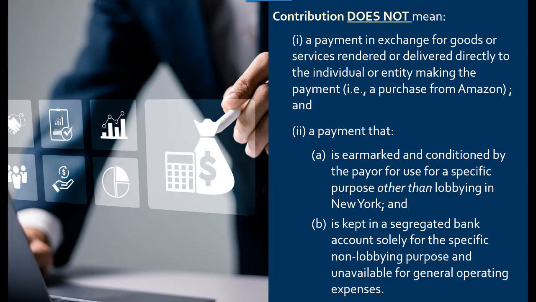Contribution also does not include payments that are specifically earmarked for non-lobbying activity. A payment that is earmarked and conditioned by the payor for use for a specific purpose other than lobbying in New York, and is kept in a segregated bank account solely for the specific non-lobbying purpose and unavailable for general operating expenses.